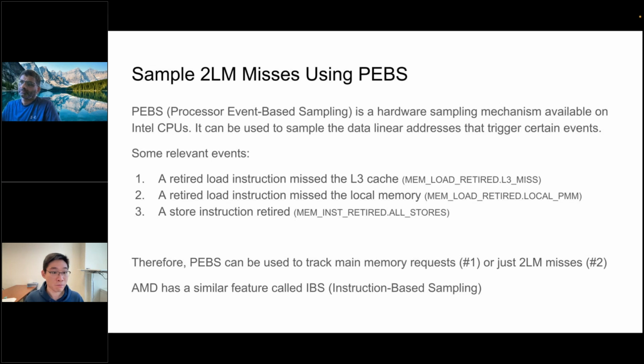Because of that, we can use PEBS to track main memory requests or even just 2LM misses, the accesses to the slow memory tier. And PEBS is only available on Intel CPUs, but AMD has a similar feature called IBS, instruction-based sampling. I think recently they also provide L3 filtering, which allows you to only track main memory requests.